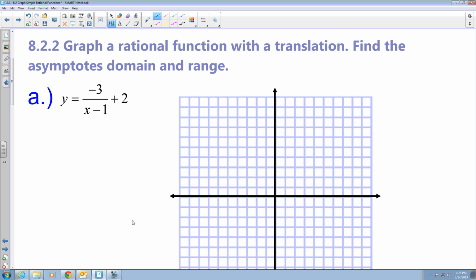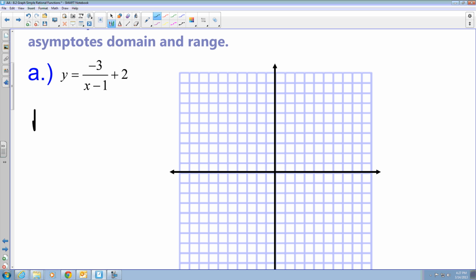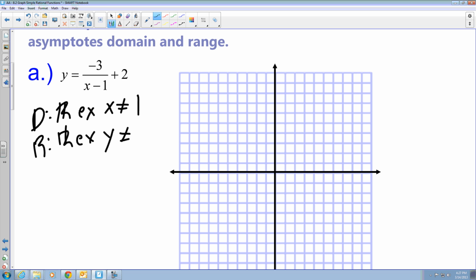So here, they want us to graph this function, find the asymptotes, and state the domain and range. Just by looking at it, my domain will be all real numbers except x cannot equal, well, my h is 1, so x cannot equal 1. My range will be all real numbers except y cannot equal, and my k is 2, so y can't equal 2.